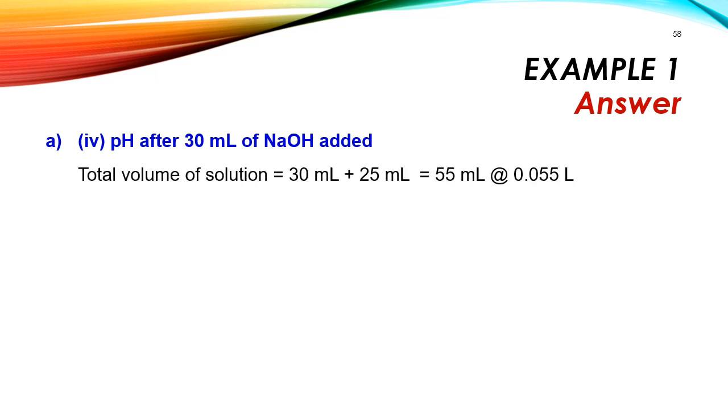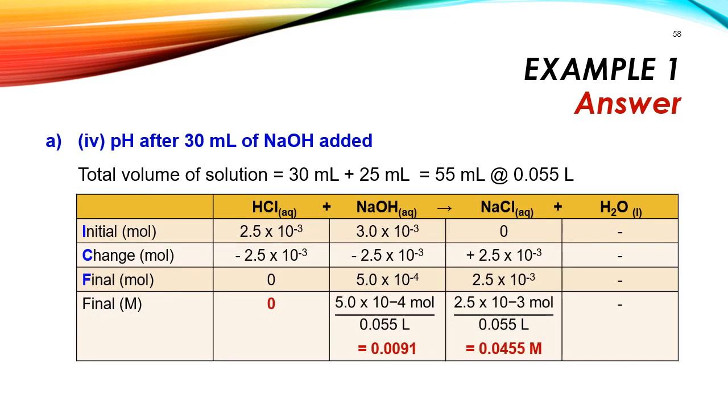The total volume of the solution is equal to 55 milliliter. By using the ICF table, we can determine the final composition of the reaction. From the ICF table, we can observe that hydrochloric acid is completely consumed, but sodium hydroxide still has a remaining 0.0091 molar, and the sodium chloride salt formed is 0.0455 molar.